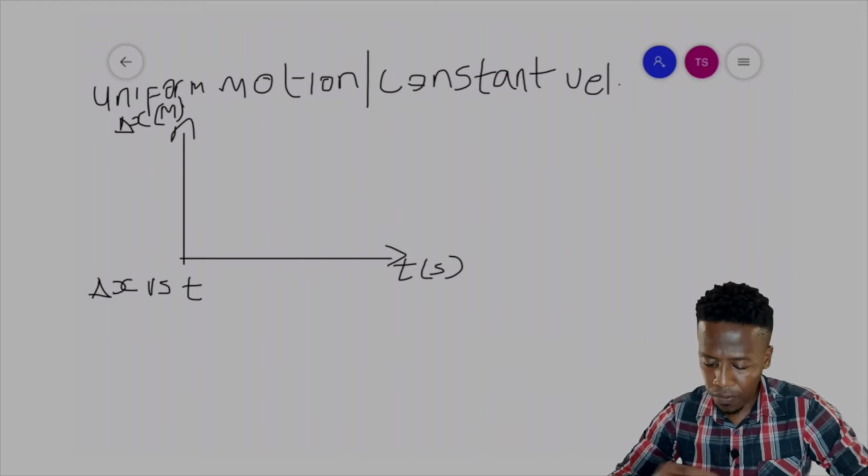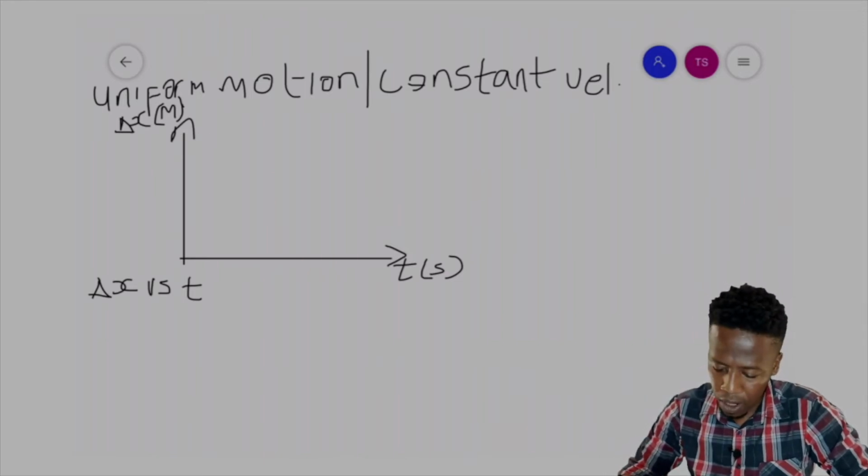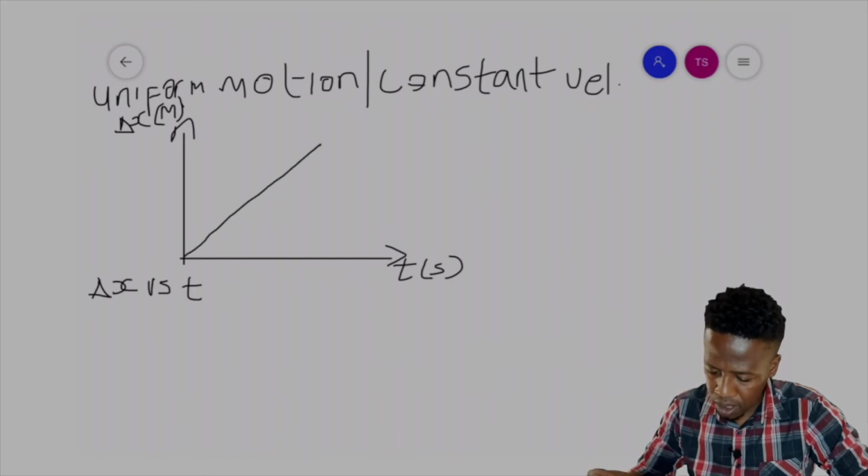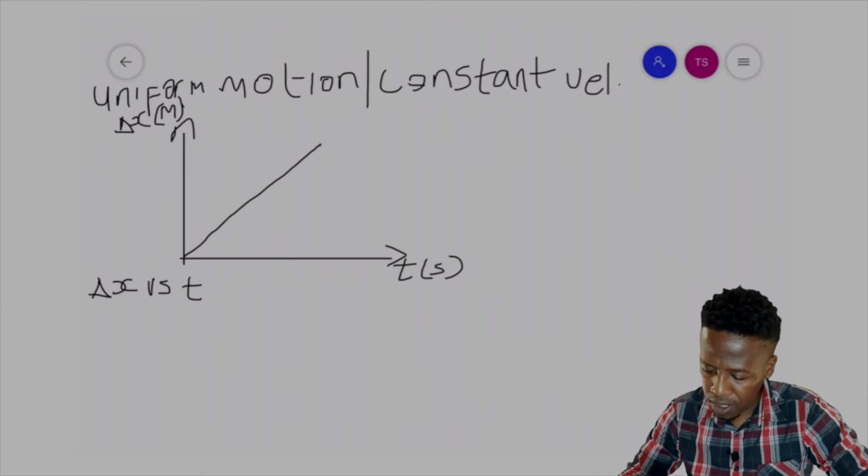This is going to be our first graph. Now if the position starts from 0 and we are traveling at constant speed, let me just rewrite it.